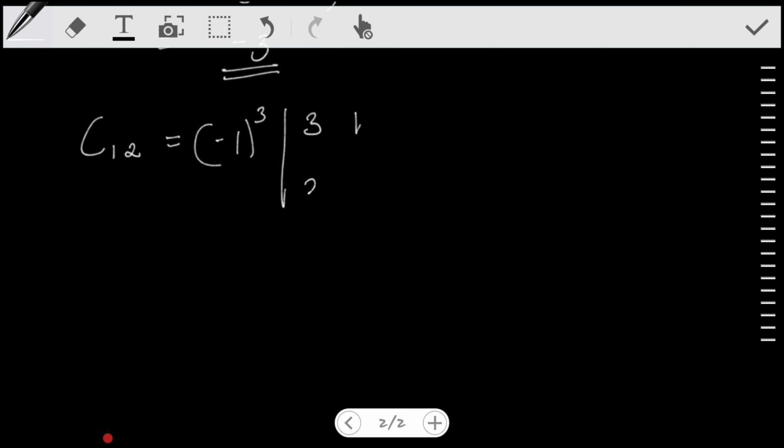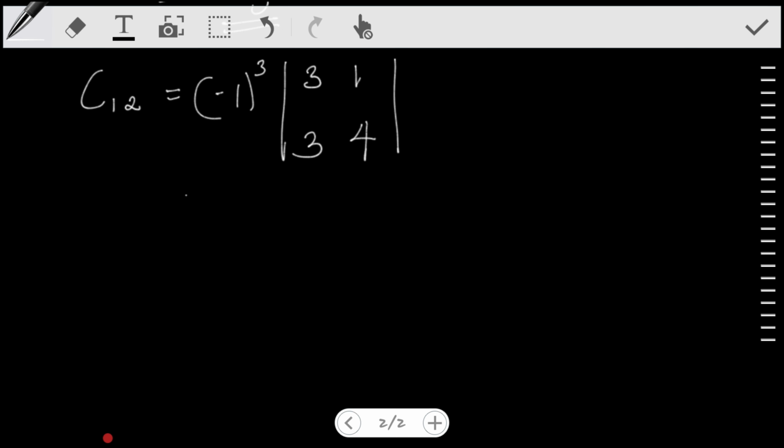So out of that, this is -1 to power 3, we are going to get -1 into, now 3 times 4, we're getting 12, right? Minus 3 times 1, we are getting 3. So if you subtract here, we are having 9. 9 times -1, we're going to get -9, right?